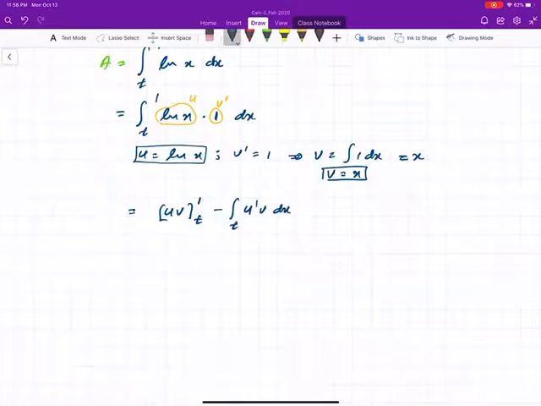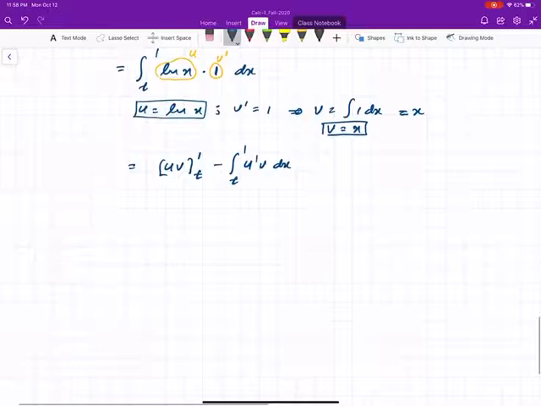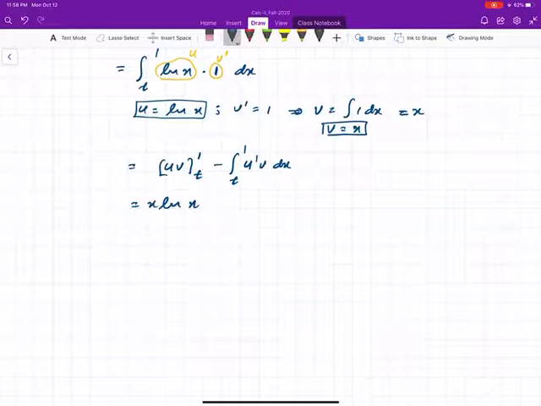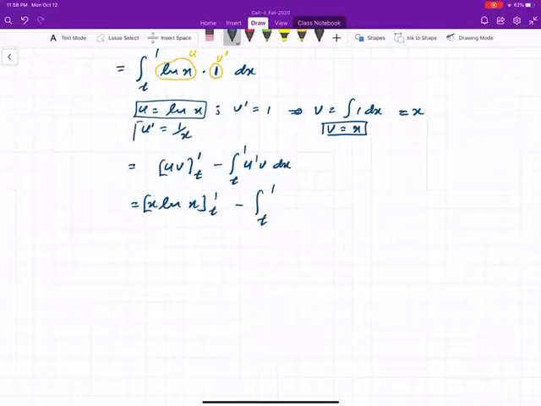So uv should be ln x times x, with the limits from t to 1, and minus the integration from t to 1. u prime should be 1 over x. That is u prime.